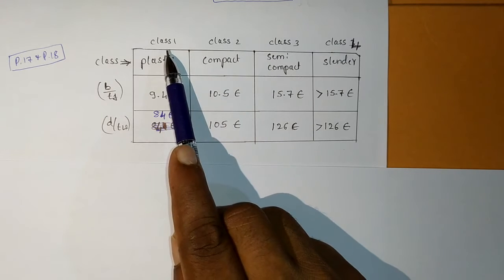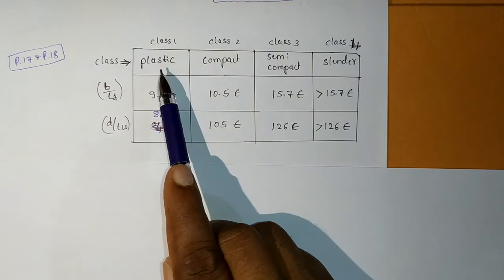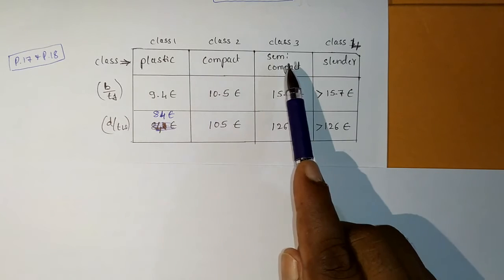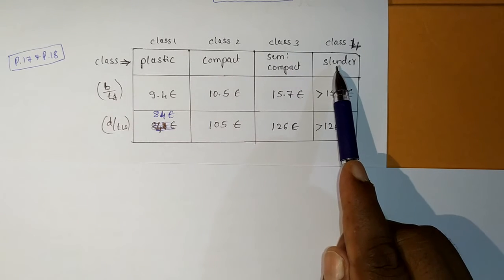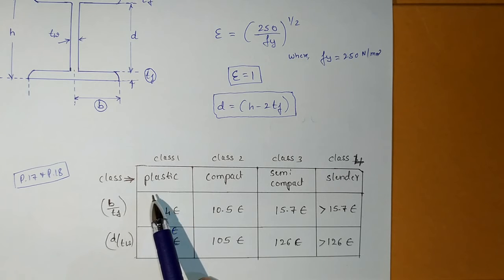These are the 4 classifications: class 1, class 2, class 3 and class 4, or in other words, plastic section, compact section, semi-compact section and slender section. If B by TF ratio is less than 9.4 epsilon, it is a plastic section.